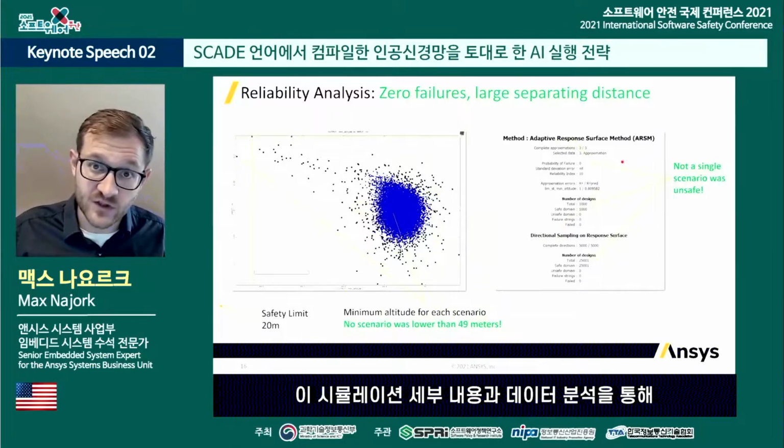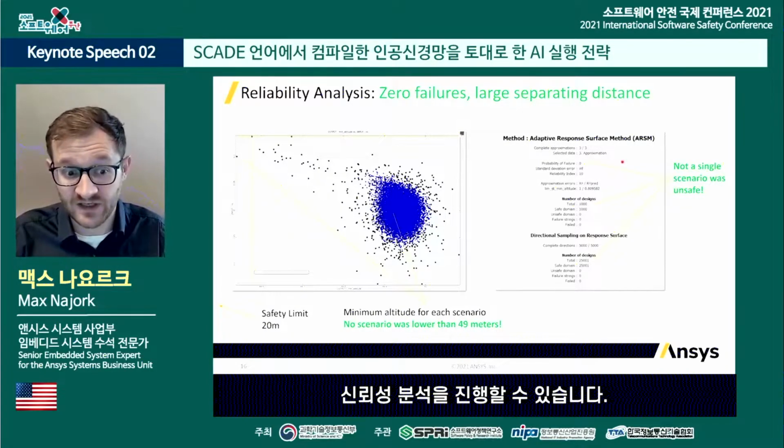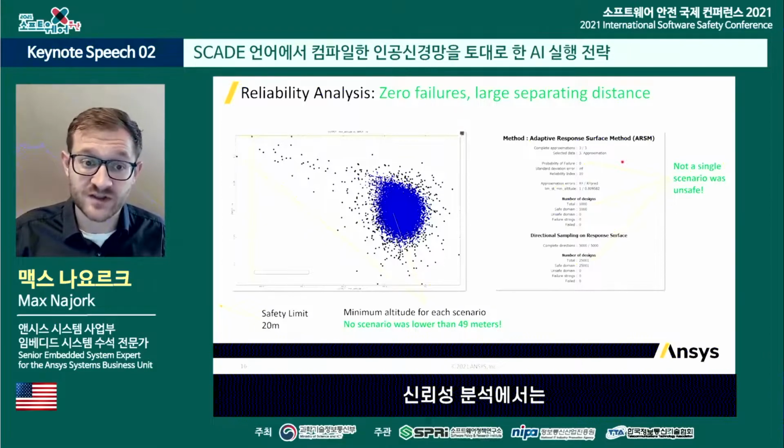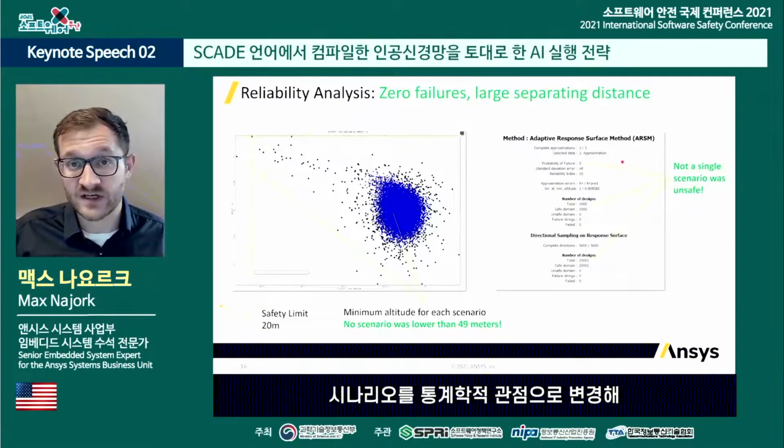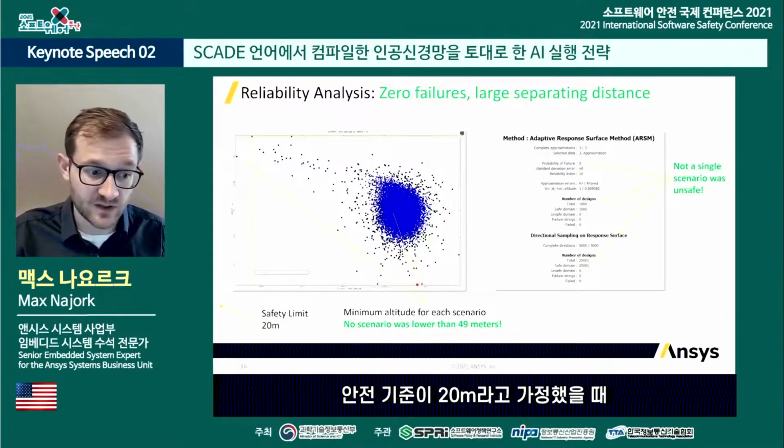Now, using this closed loop simulation with the data analytics allows us to perform reliability analysis. In the reliability analysis, we vary the scenarios in a statistical fashion, and we then compute the failure probability. So in our example, the safety limit was defined as 20 meters.